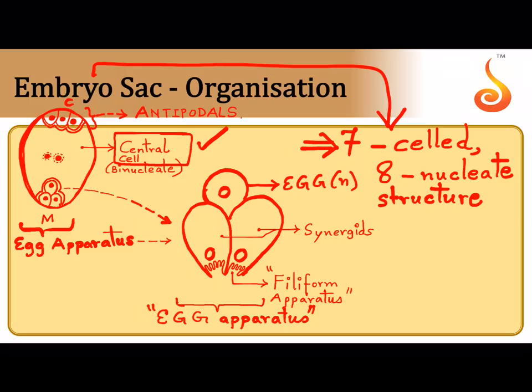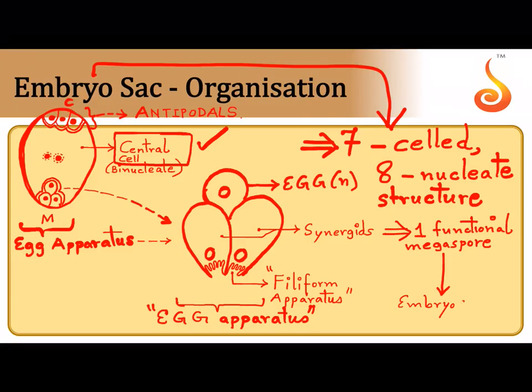How did the embryo sac come? Did it come from all the 4 megaspores or one functional megaspore? This is also a revision point for you. The one which survived near the chalazal end, the functional megaspore, gave rise to the embryo sac. How many mitotic divisions? 3.